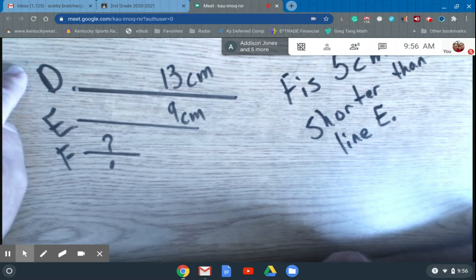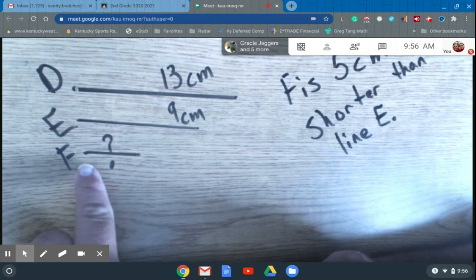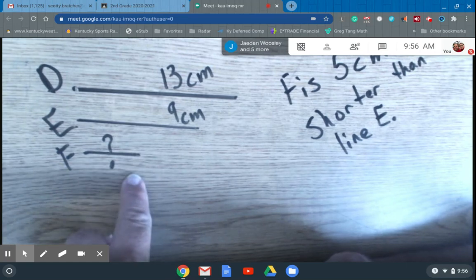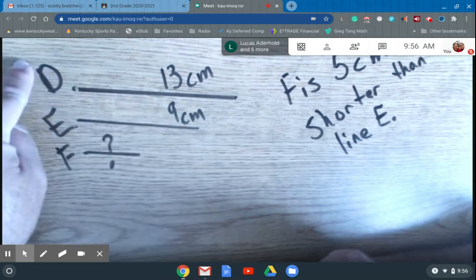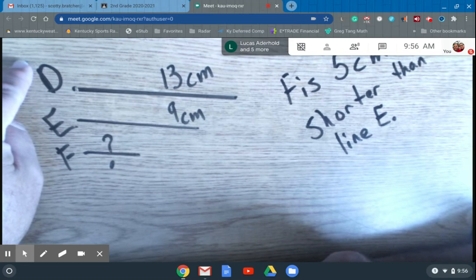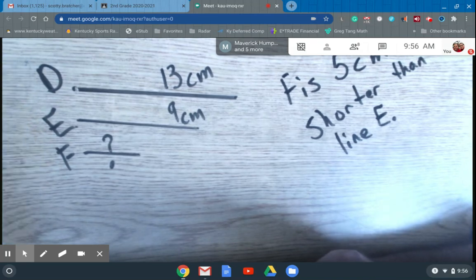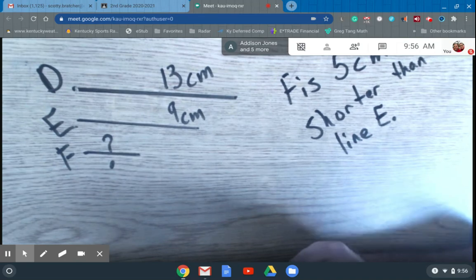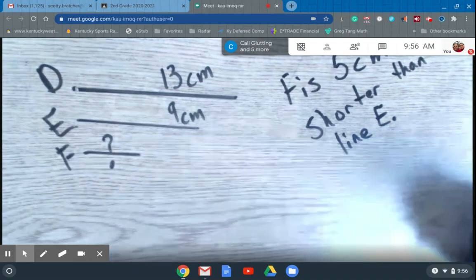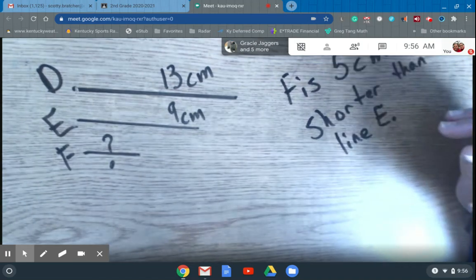Just tell me what you're thinking. I'm saying that line F, this line right here, is 5 centimeters shorter than this line. Do I even need this line right now? Yeah, I think you do. You think you do? Okay. So Lucas thought we didn't, but he couldn't explain why. Maverick thinks we do need it. All right. So I'm just going to drop it there, and we'll come back when we're done and see if we did use it.